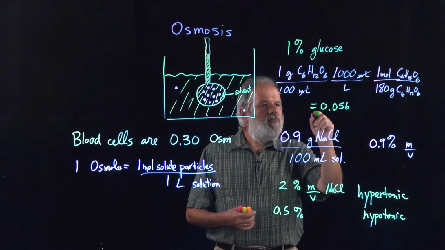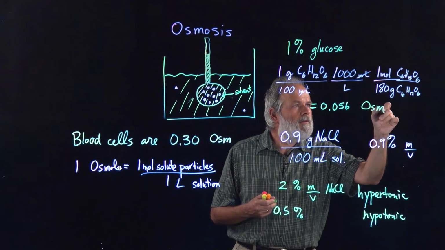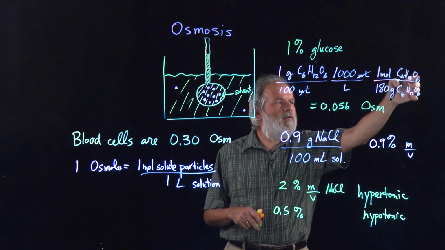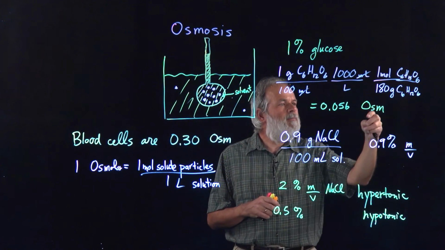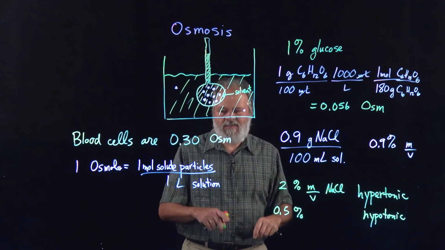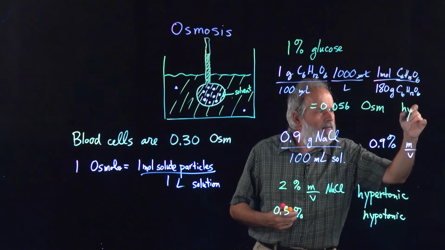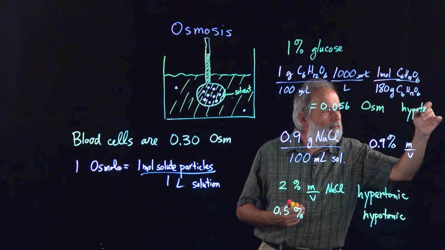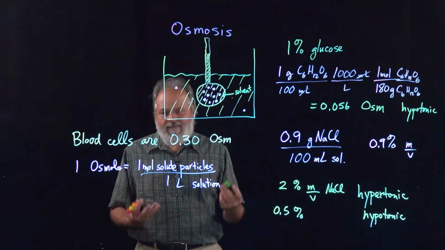So we calculate this and we get 0.056 osmolar. We have moles of particles, which for a non-electrolyte is just one for every molecule. And so we get 0.056, which is less than 0.3, so this is hypotonic. We could also look at 5% glucose.